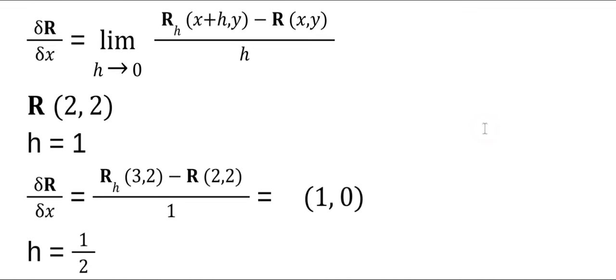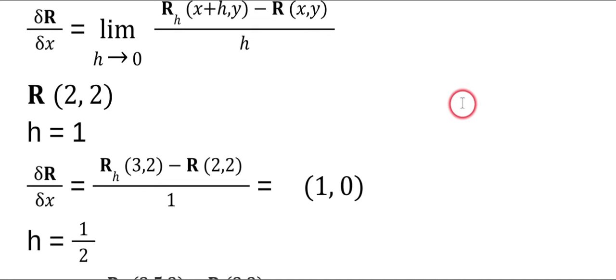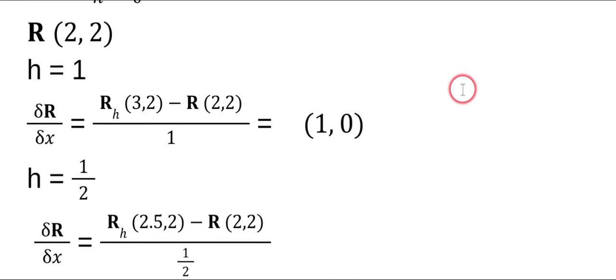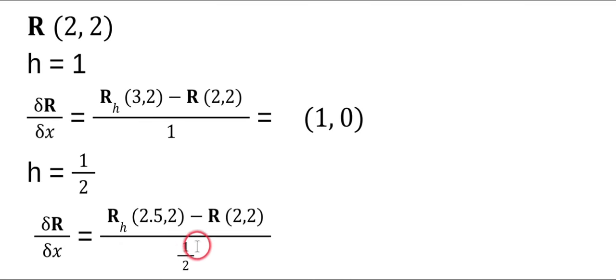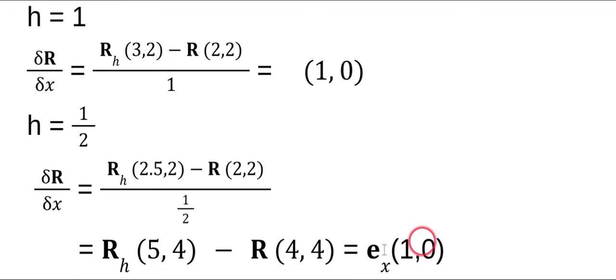Let's let h equal 1/2. The exact same thing, but look, this 1/2 is also in the denominator. That's like multiplying these two vectors by the scalar 2. So when it's in the denominator, the 2 goes up here, and we multiply those by 2, so we get (5, 4) minus (4, 4). What's that? (1, 0). That's the same thing we got up here.